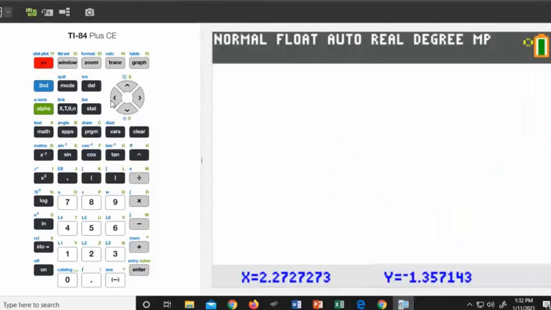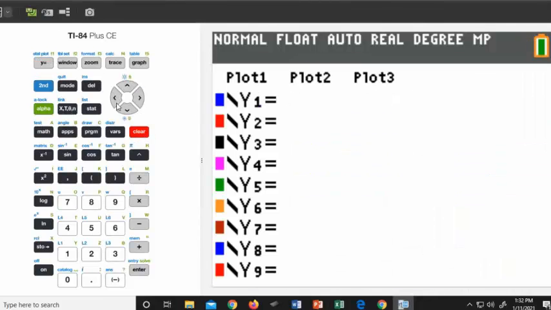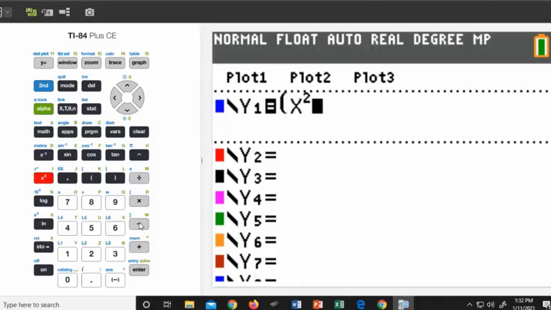Okay, so trying to lean toward 2. Because of the complexity, if I wanted to type this in every time, it could take a little while. So instead, I'm just going to use the calculator. So x squared minus 4 divided by x squared plus x minus 6.